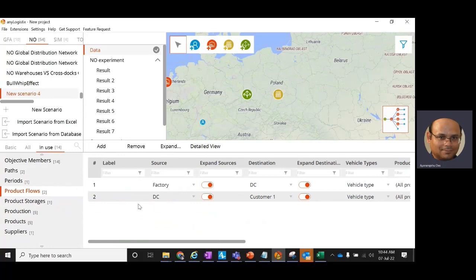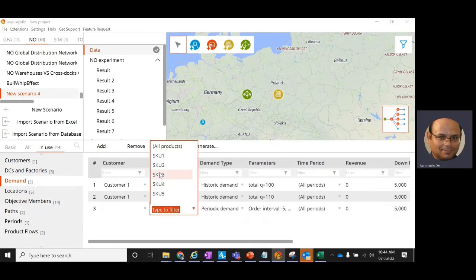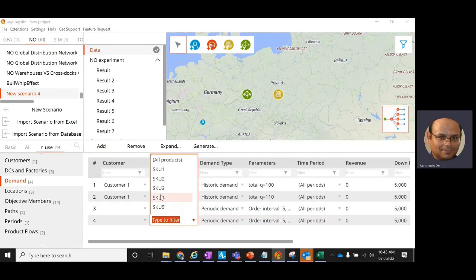And then we will go to the demand and say that customer 1 has a demand of SKU 3, SKU 4, and SKU 5.